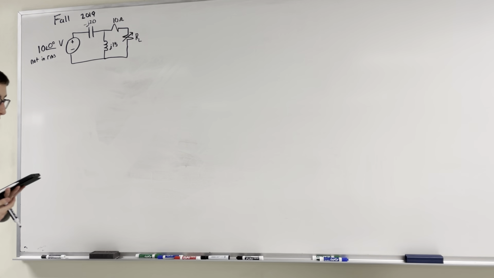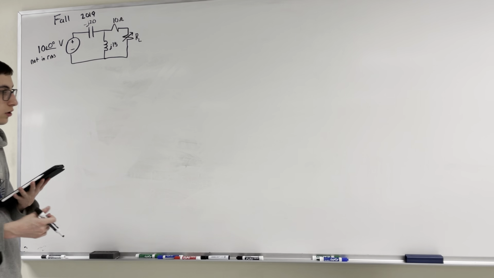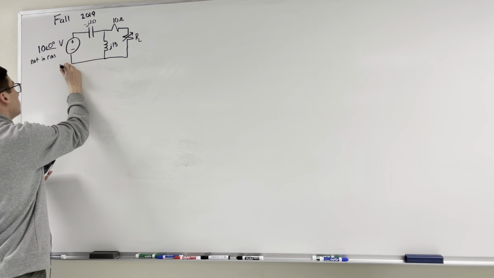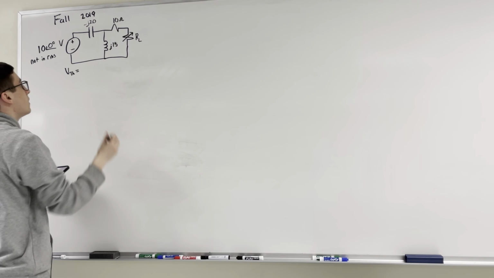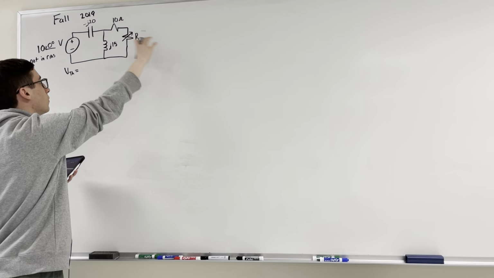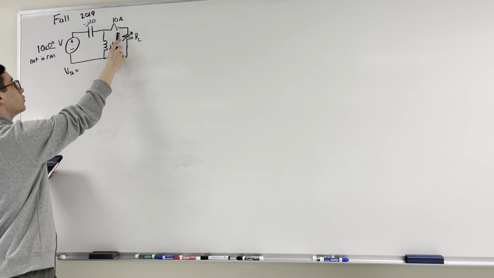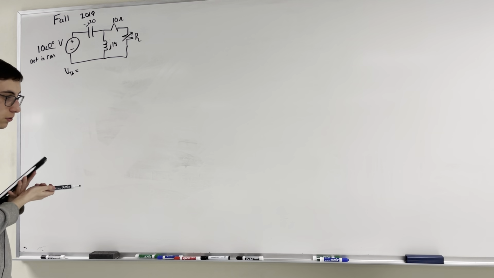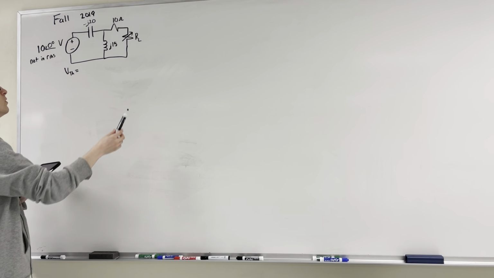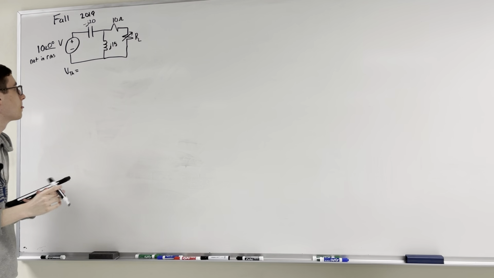All right, so now what we need to do is find V_TH and Z_TH. V_TH is pretty simple. When this load or this resistor is pulled out or disconnected, there'll be no current flowing through here, so there's no voltage across this resistor. So the V_TH is simply going to be the voltage across this inductor.